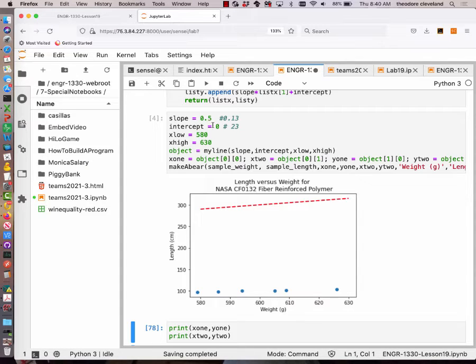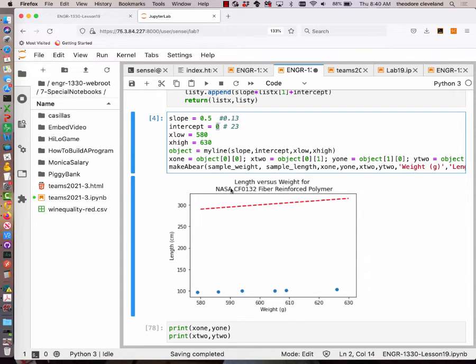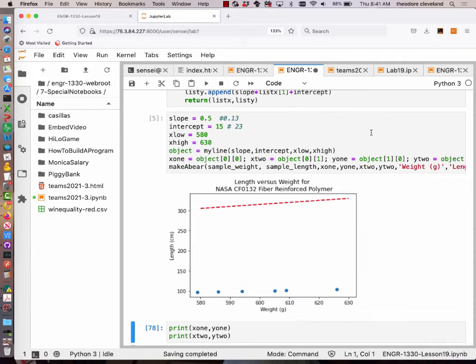So what happens if we make the intercept a bigger number? Let's try 15. I have the close values sitting here as comments so that I don't get completely lost. So we jack with the intercept, and we can hardly argue that that's any better.